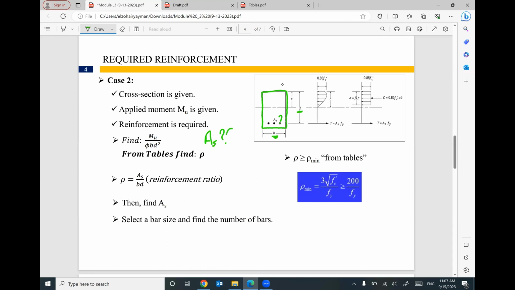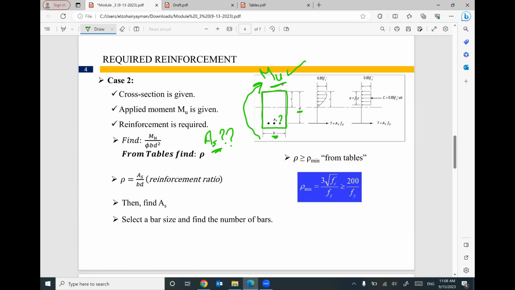It's unknown. However, the value of the applied moment from structural analysis is already known. So I would like to convert this moment, which is coming from structural analysis, to how much steel reinforcement I need.